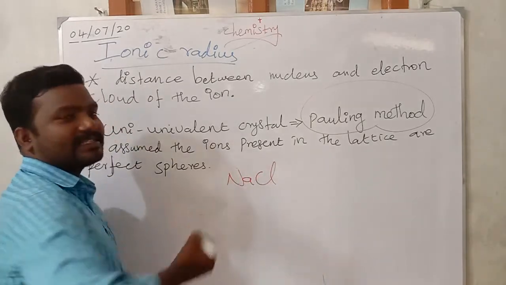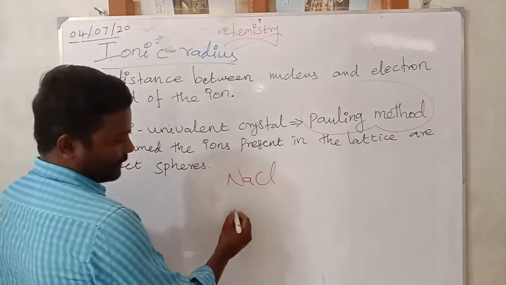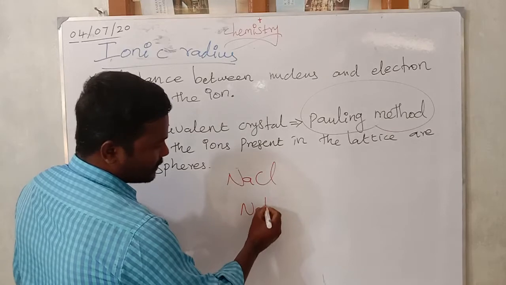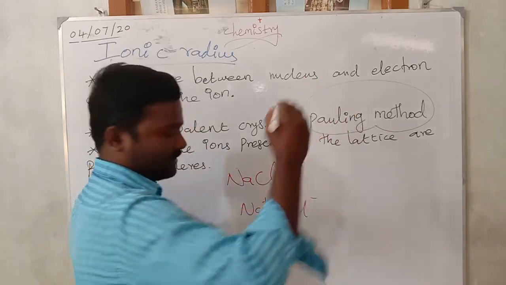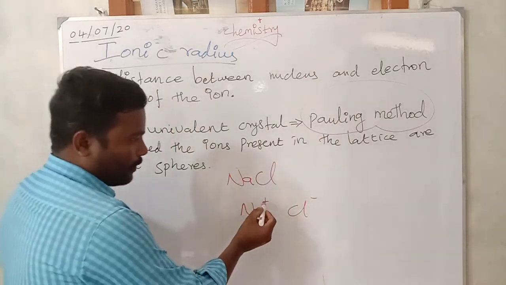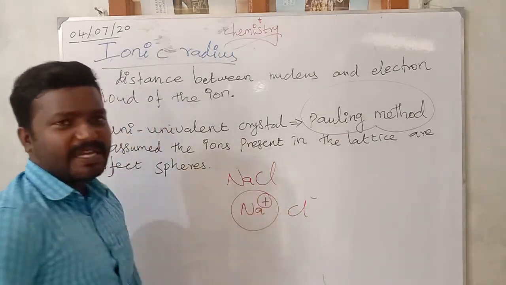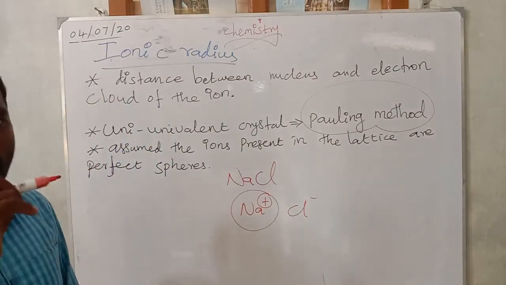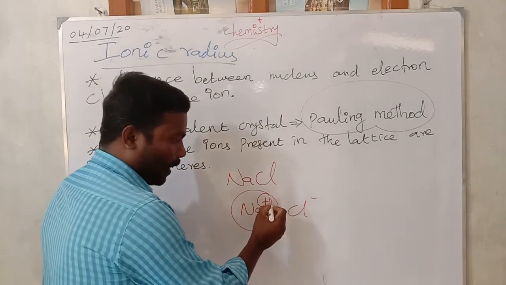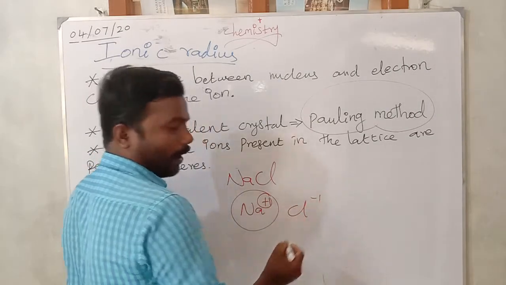If we ionize this crystal, how will it ionize? Na plus, Cl minus. So one ion which has plus means plus 1, so ionic charge plus 1. Here minus 1.